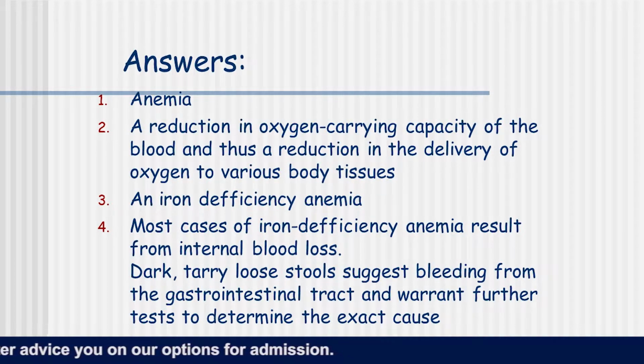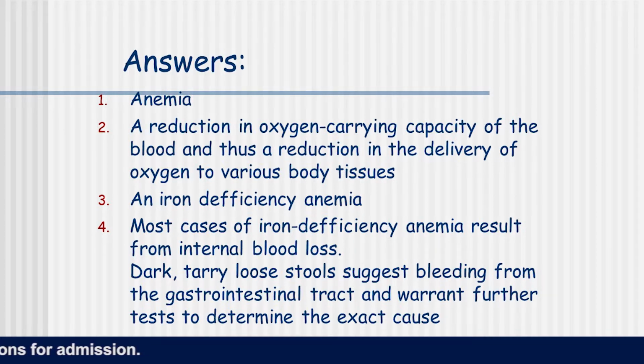The first thing is that he has anemia, because the level of blood had gone down. The level of hemoglobin had gone down. His red blood cell count had gone down. There is a reduction in the oxygen carrying capacity of the blood, and thus a reduction in the delivery of oxygen to various body tissues.